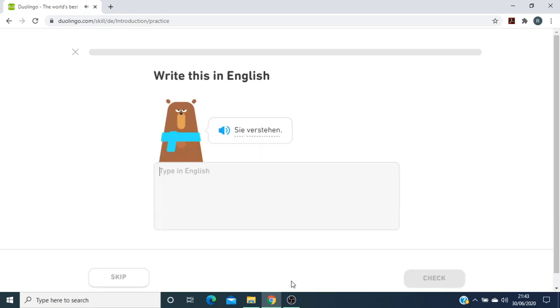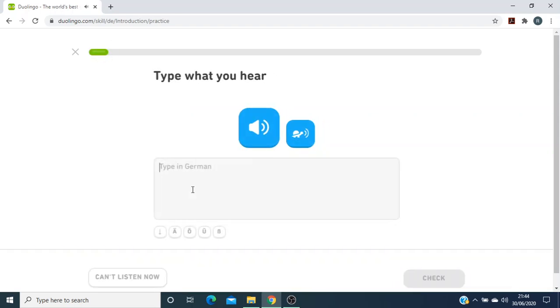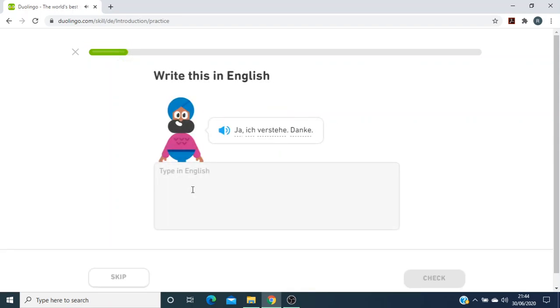Sie verstehen. So, verstehen is the verb to understand. So that's they understand. Du verstehst Deutsch. That's you understand German. Ja, ich verstehe.